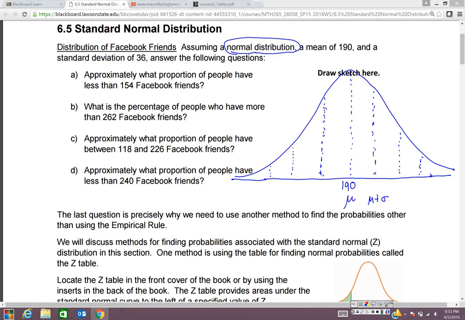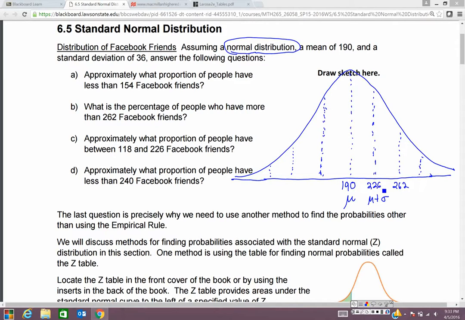So 190 plus 36, if you put that in the calculator right quick, you get 226. What would be two standard deviations above the mean? Two standard deviations above the mean would be 262. So all we're doing is adding 36 to each value for the values on the right here.